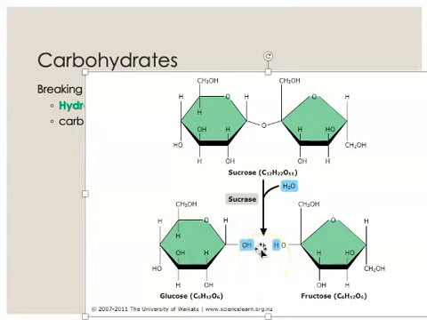What we're going to find is a return of the hydroxyl group attached to the number 1 carbon on this molecule, which is glucose, and the number 4 carbon on this one, which is fructose.